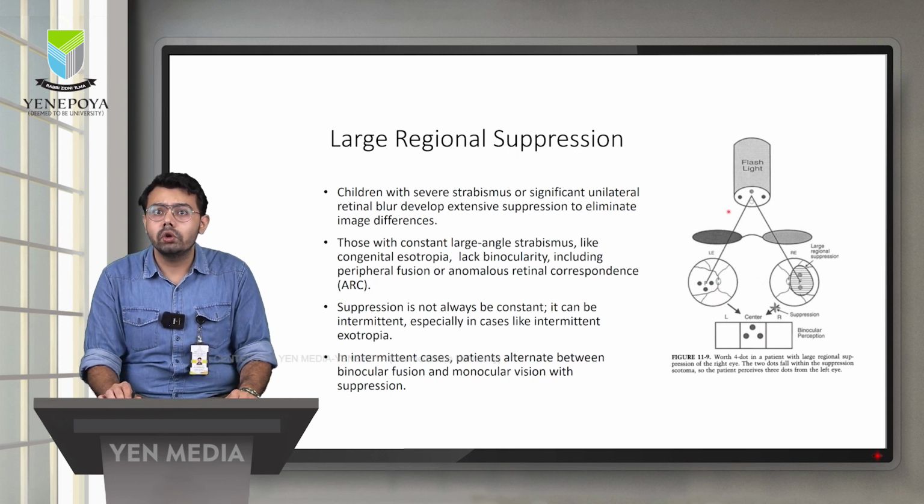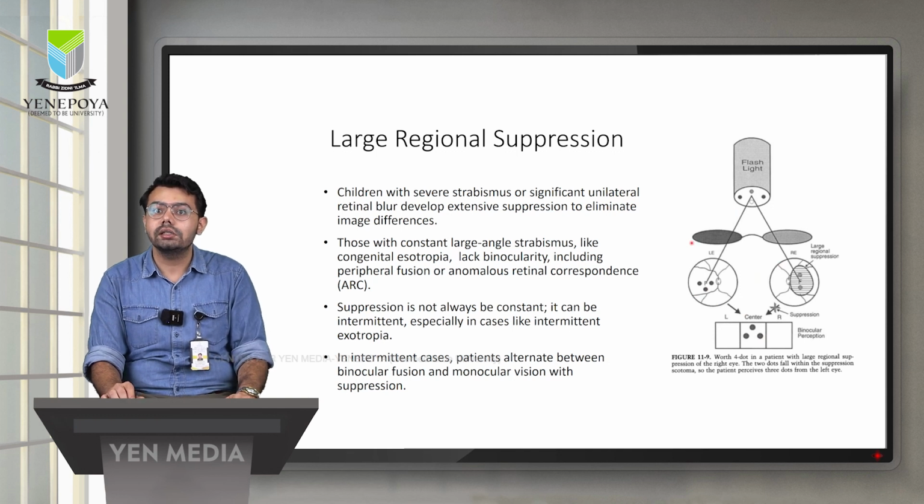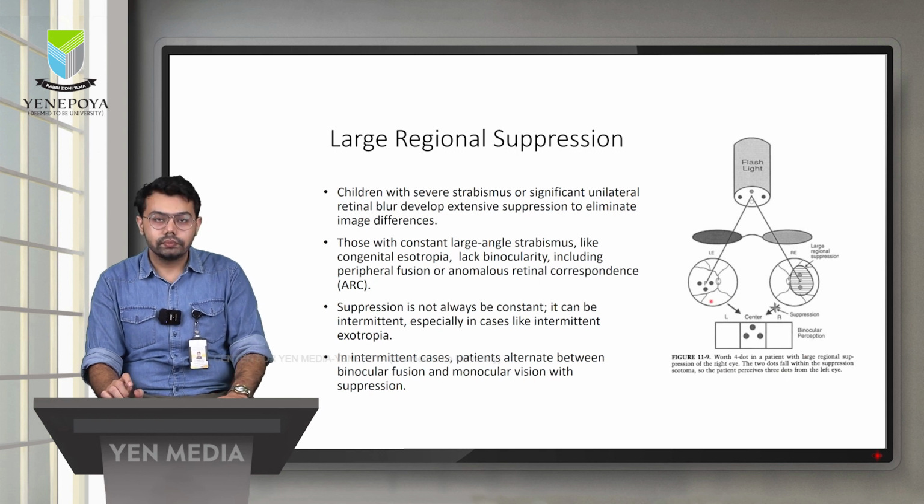This is the Worth 4 dot test, a type of sensory evaluation, which I will be talking about. If a Worth 4 dot test is performed with large regional suppression of the right eye, the two dots within the suppression scotoma will be blurred, and the patient receives images only from the left eye.